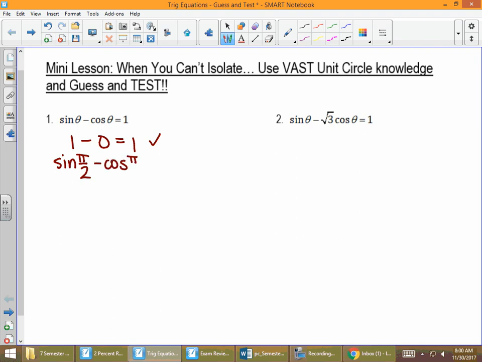And that's the key here. Remember, our variable is theta, and it has to be the same angle. So when we're trying to find the solutions to these, it has to be at the same place. Where is sine 1? Only at pi over 2, and cosine is 0 there. So one of our solutions is theta equals pi over 2.